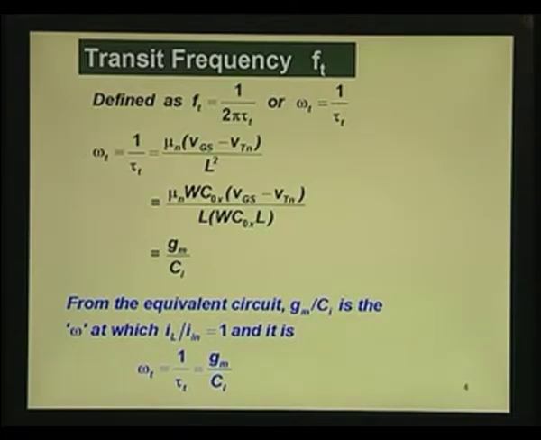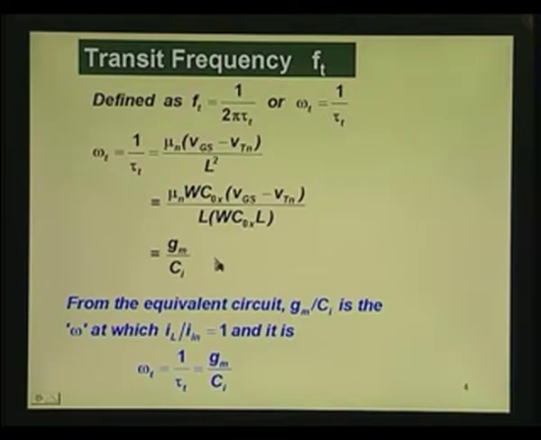And the transit frequency is actually the frequency at which the output current to the input current becomes equal to 1. That we saw yesterday, we derived it with respect to the equivalent circuit. So, you can see here the transit frequency f t into 2 pi, that is omega t, is defined as 1 by tau t, transit time, that becomes ultimately equal to Gm by Ci.